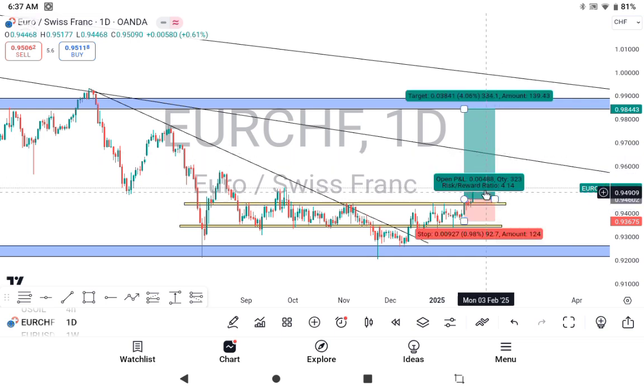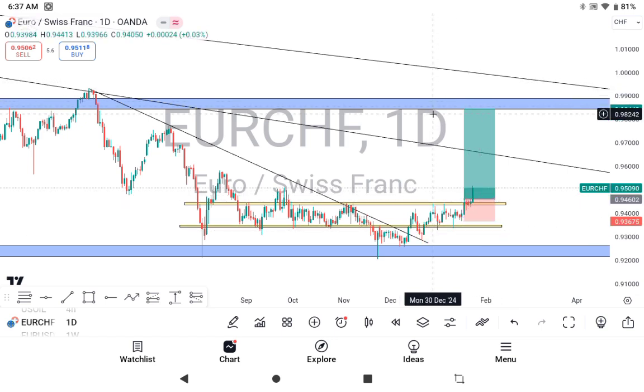Sometimes the pullback we are waiting for might not come. Sometimes price can break out of a level and pull back immediately, and sometimes it will not pull back. It will just keep going, just like it happened on USOIL. Definitely EURCHF price is coming to this key level of resistance right here.